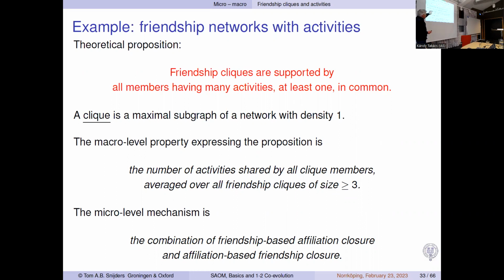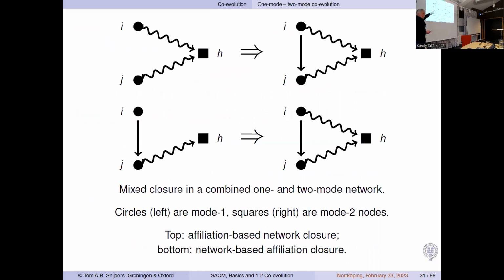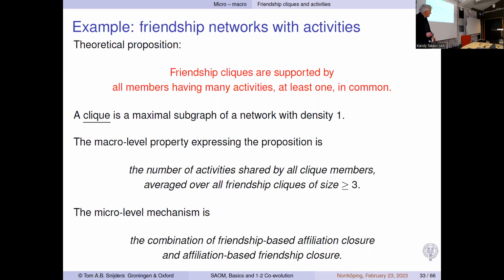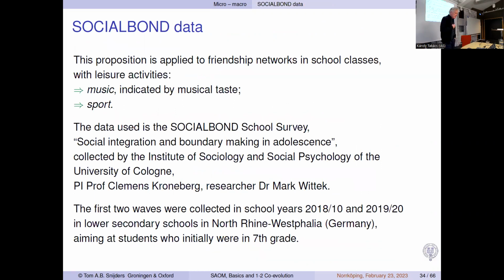Okay, so this is the macro-level property, and the micro-level mechanism is what I just mentioned: the combination of these two types of closures. The data that I will be using, I got in collaboration with the group in Cologne, Clemens Kronenberg and Mark Witek, who have this social bond school survey.